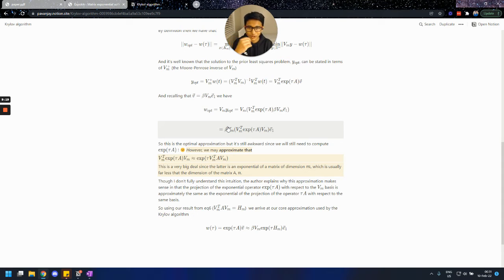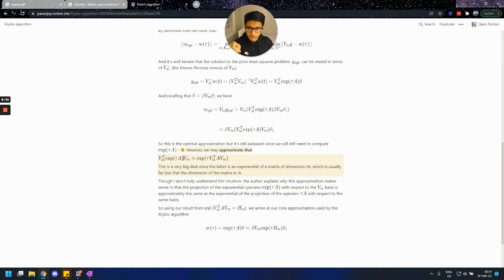But it's still awkward since we need to compute the exponential of tau A, right? So what's the point of all this if you still have to compute the exponential just as you would have had to before? So here's where the key approximation for Krylov comes in that I found really interesting.